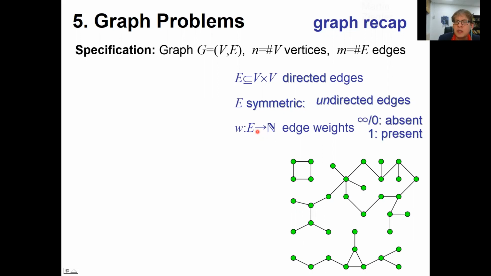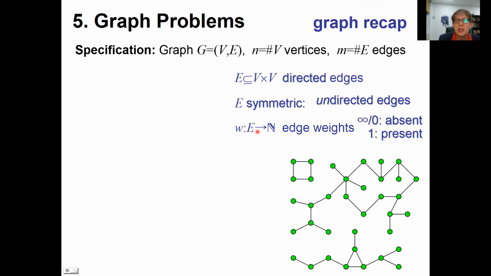Sometimes we're going to include special values for the weights. So 0 is already included here in the natural numbers, right? We're computer scientists after all. And sometimes we will also allow the special value infinite, which is a synonym for larger than any of the other edges, right?